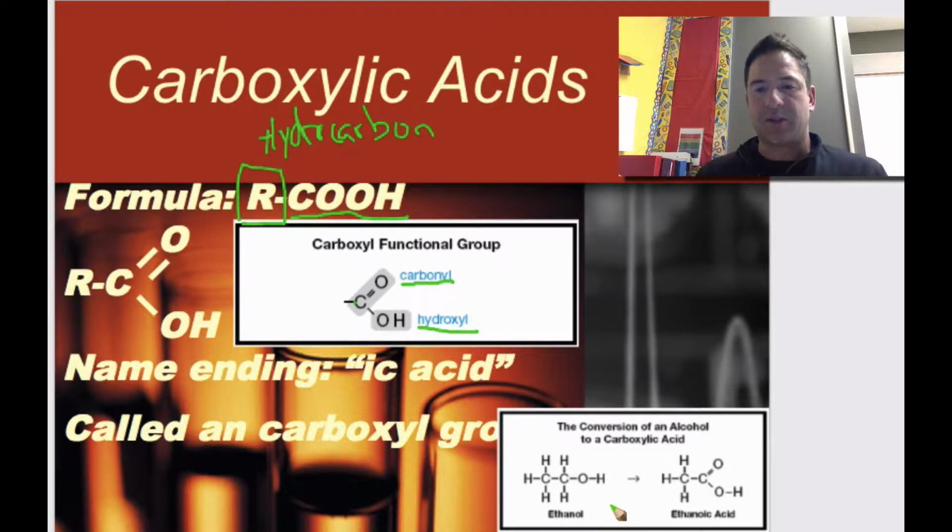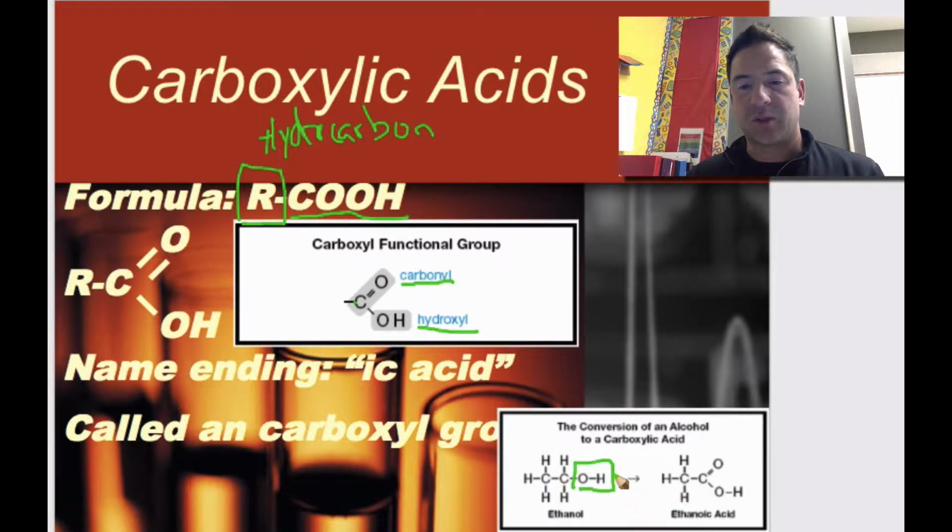So if we take a look here, in a conversion, if we were to convert alcohol to carboxylic acid, notice that this is an alcohol and it just has the hydroxyl attached, so the OH attached to the hydrocarbon, and so it's called ethanol.